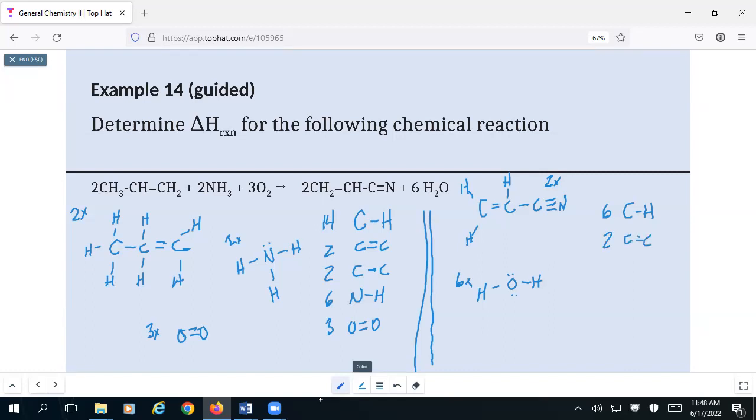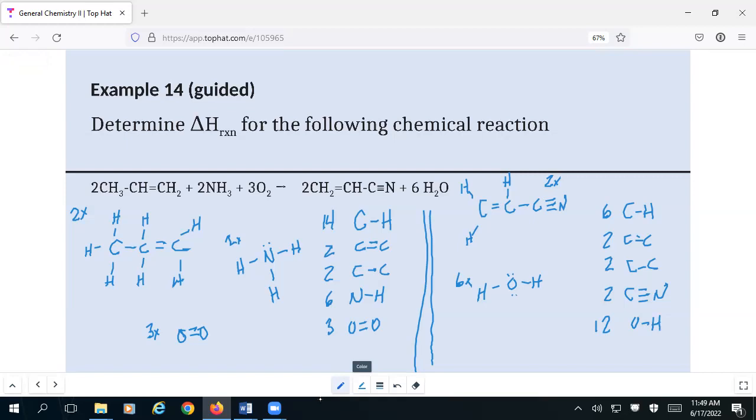A carbon to carbon single bond times 2, so 2 of those in total. And a new one here, a carbon to nitrogen triple bond. So I've got 2 of those in total as well. And for the water, I have 2 oxygen to hydrogen single bonds times 6, so a total of 12 of those.